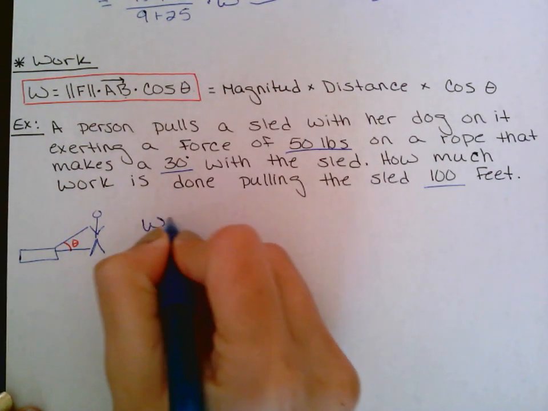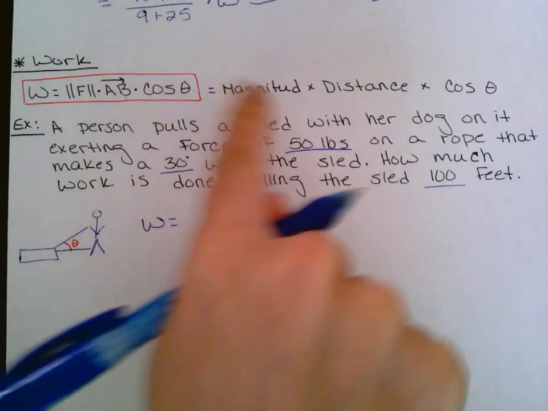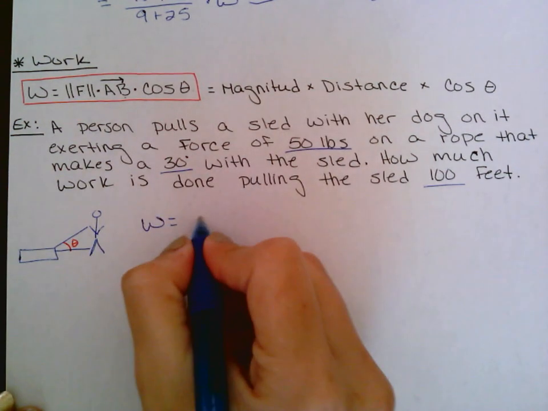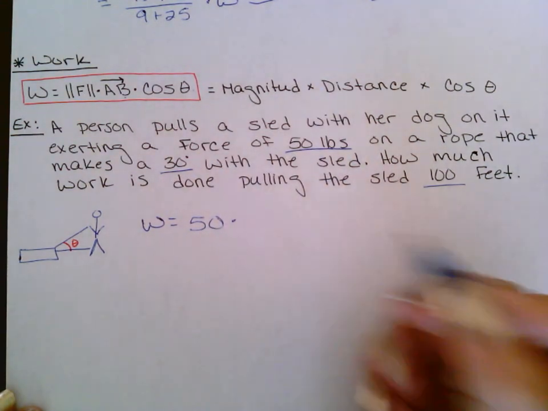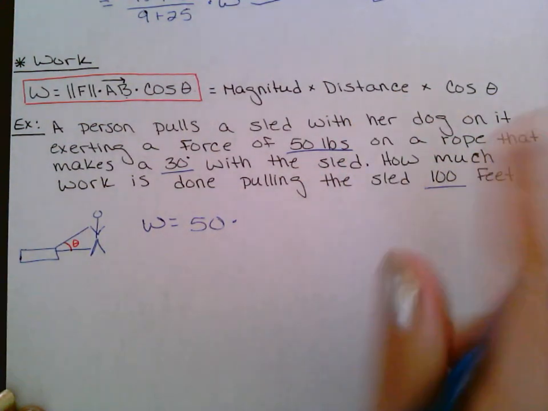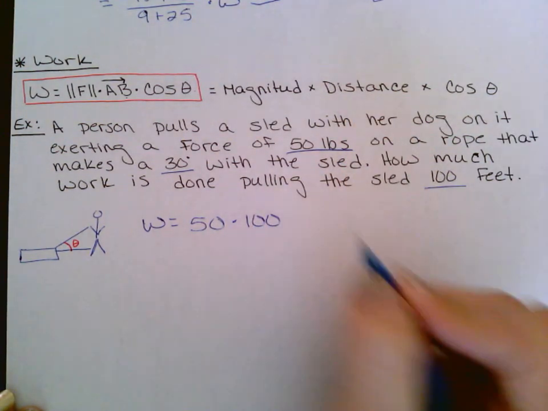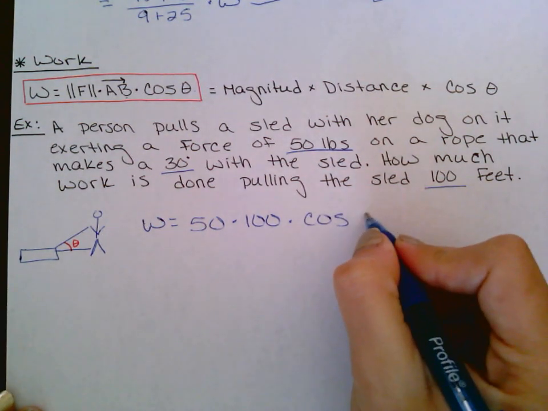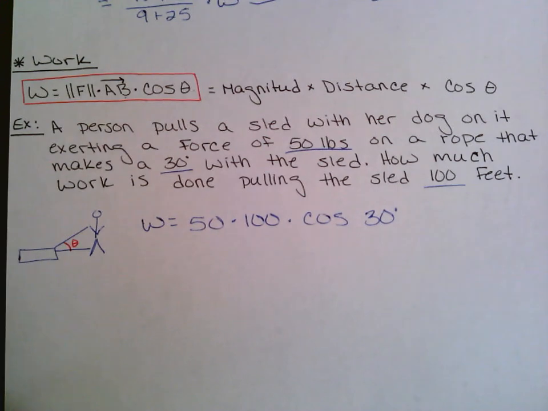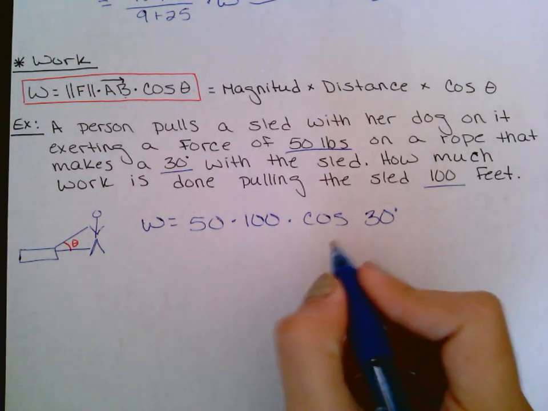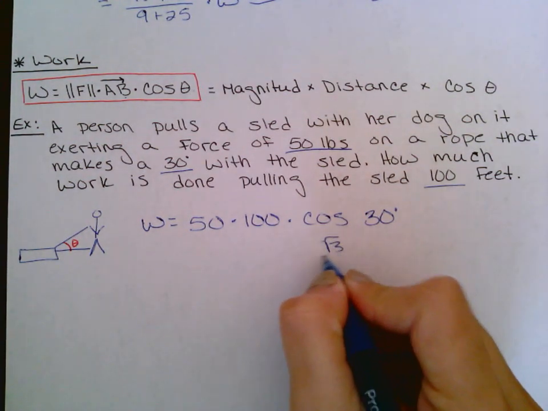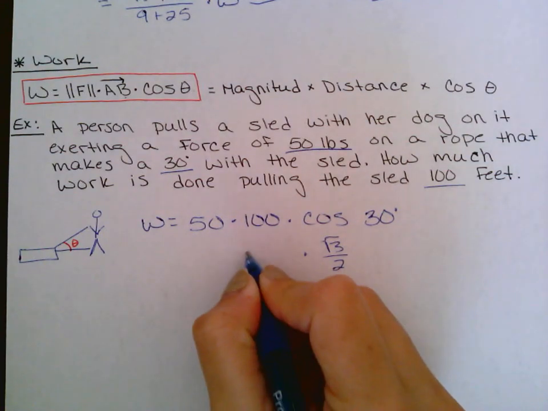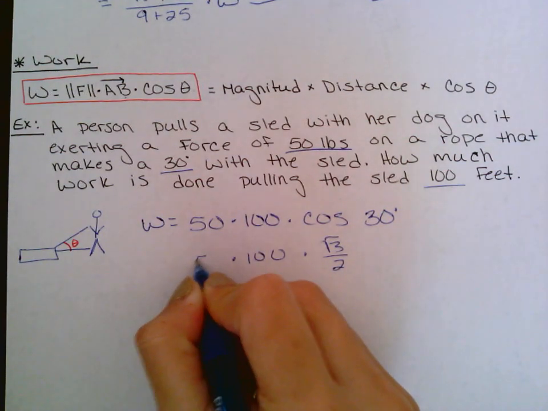So work would be the force, which is the magnitude, which is 50, times the distance traveled. It was 100 feet, okay, times cosine of 30 degrees. All right, so if you're in my pre-calc class, I'd expect you to be able to do this by hand. Cosine of 30 degrees is radical 3 over 2 times 100 times 50.